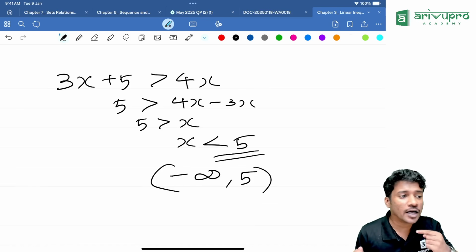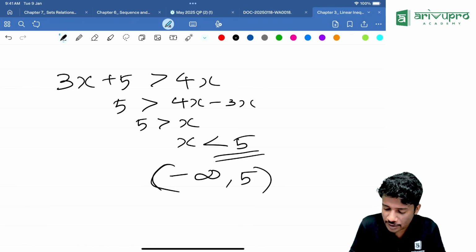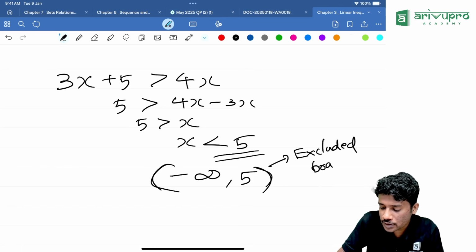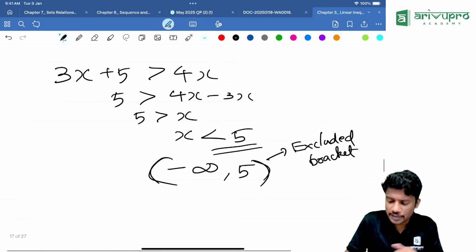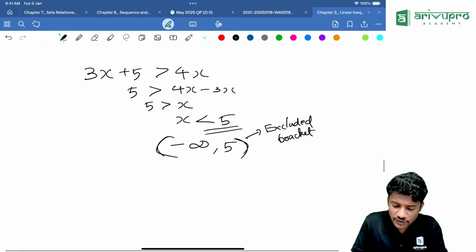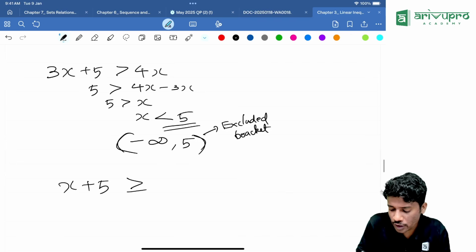Now, you are asking me, sir, what is this included and excluded? So this bracket is called an excluded bracket. What do you mean by that? That means 5 is not included here. Now, what if it is like this? X plus 5 greater than or equal to 0.